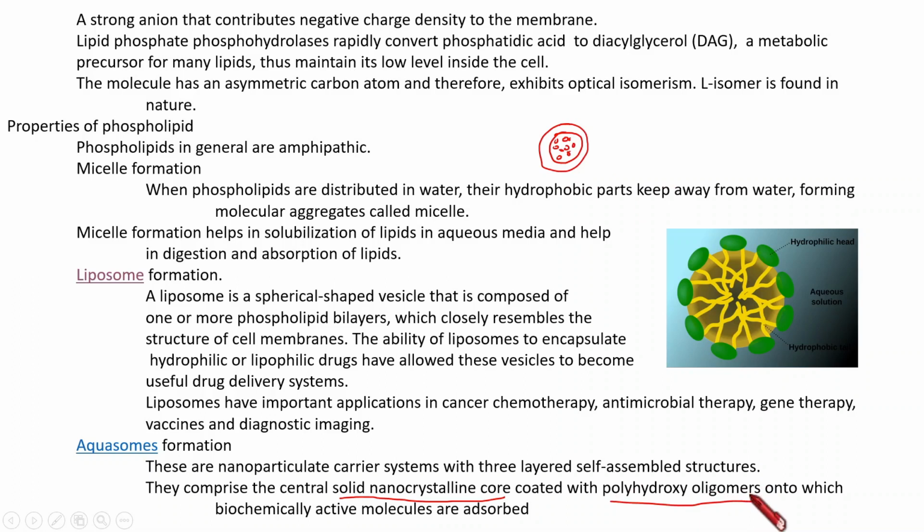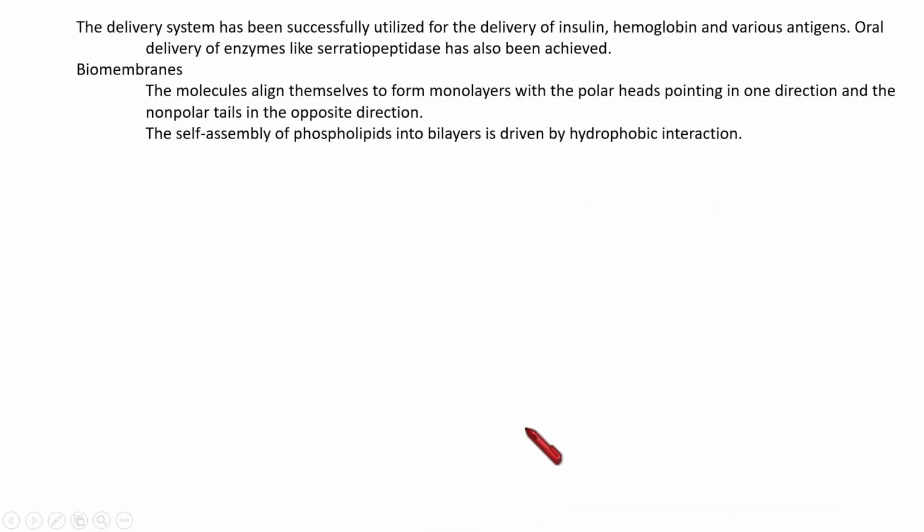And to its surface, we add the drug. Whatever substance we need to carry or deliver forms the third layer as a coating. It is adsorbed to that carbohydrate oligomer layer. So in that way, this also can carry drugs.